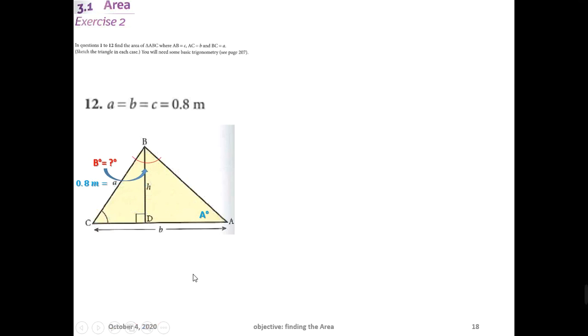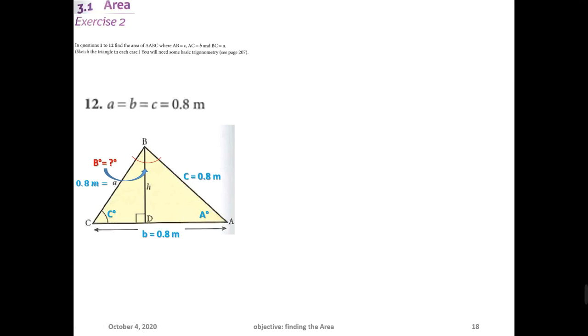So if this is angle B capital, which is unknown, then this is side B, which is equal to 0.8 meter. If this is angle C capital, then this is side C small, which is equal to 0.8 meter.